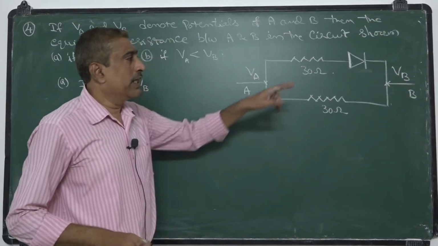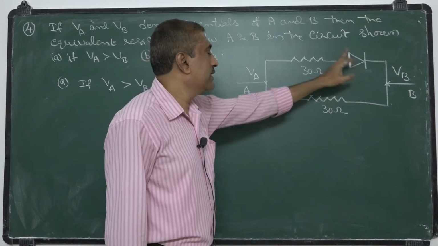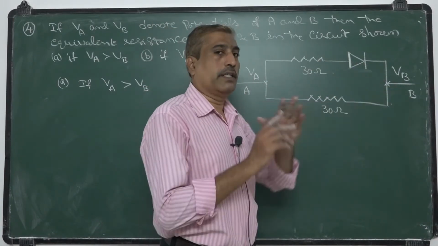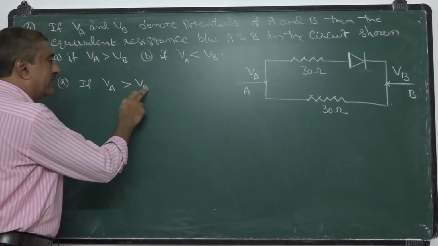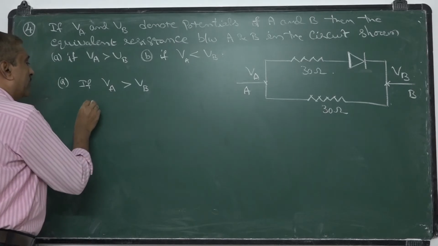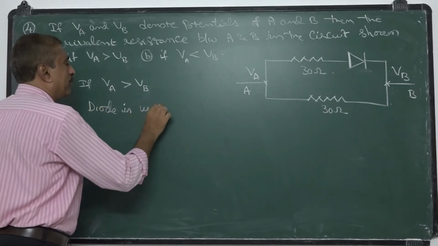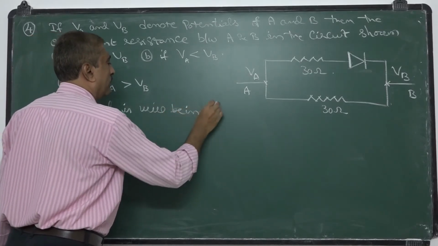That means the diode is in forward bias. If VA is greater than VB, the diode will be in forward bias.